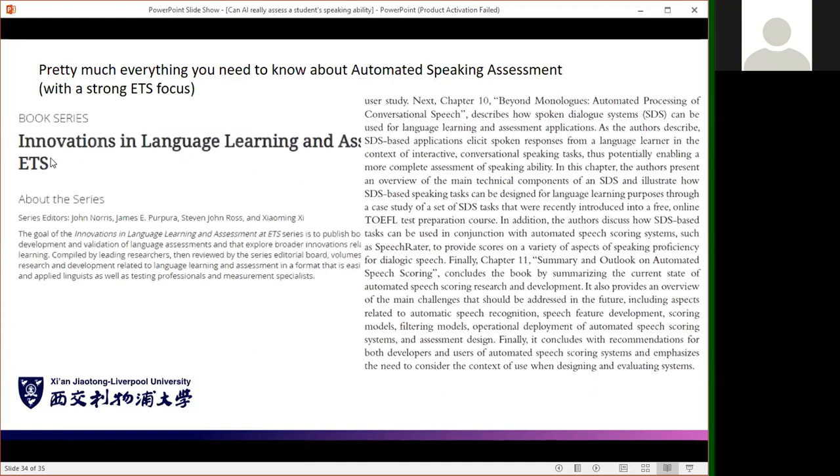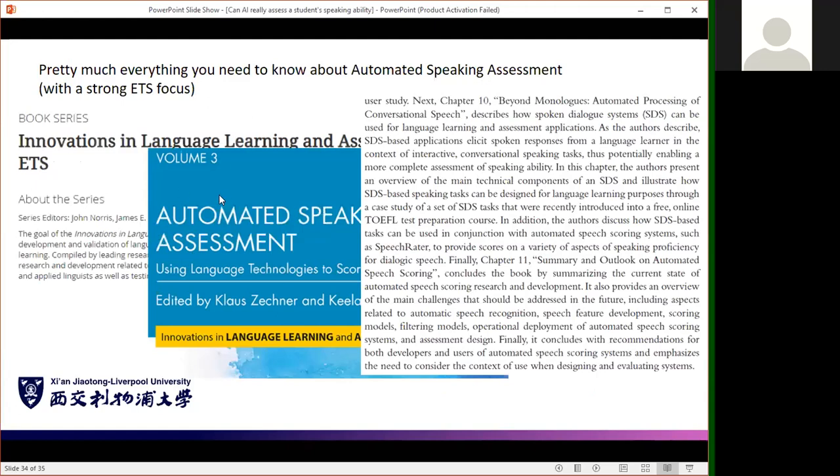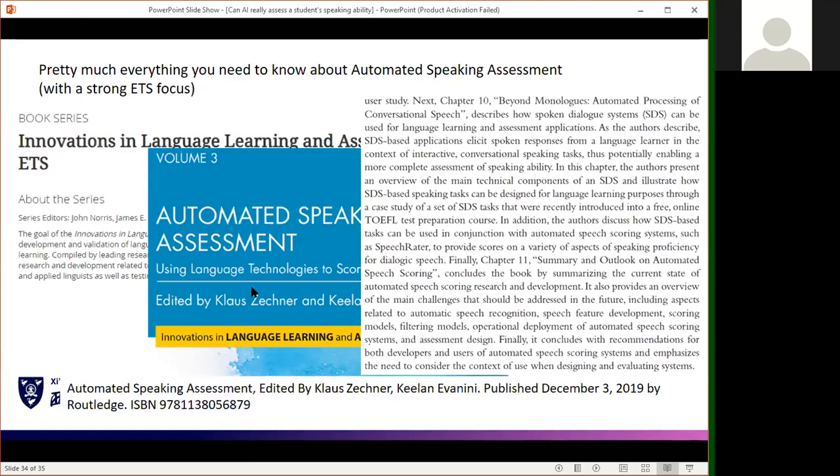They've got a book series. Basically, they publish their research, and the latest one, volume 3, is on automated speaking assessment, and it's 10 chapters on this topic, and it was just released 2 years ago, so it's absolutely up to date.